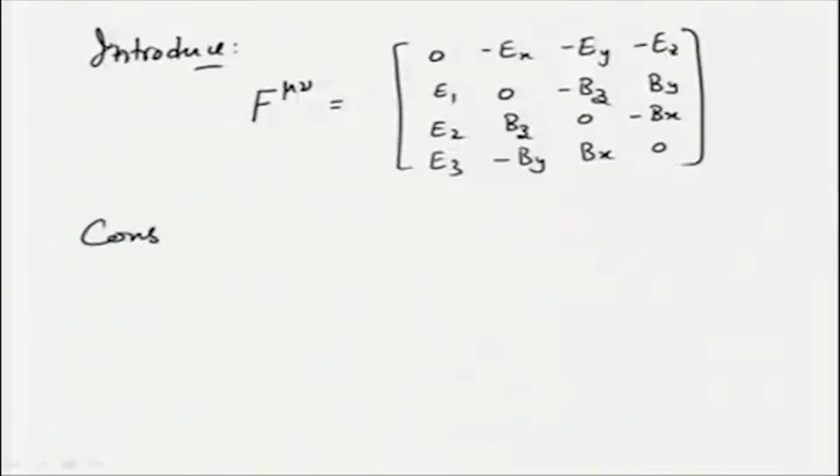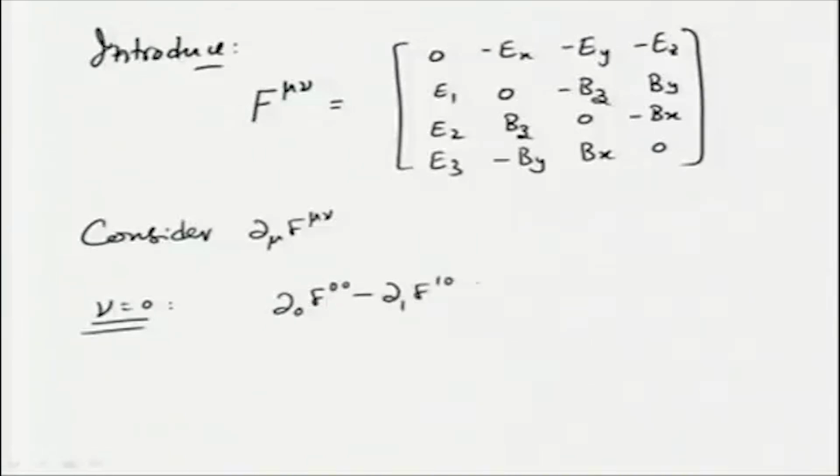Now consider dou mu F mu nu. Mu is summed over, so nu is free, but take the nu equal to 0 case. That will give you dou 0 F 0 0 minus dou 1 F 1 0 minus dou 2 F 2 0 minus dou 3 F 3 0.